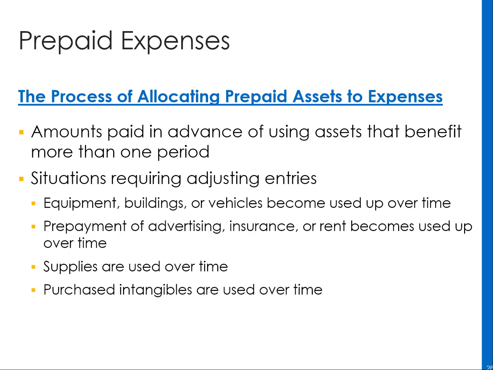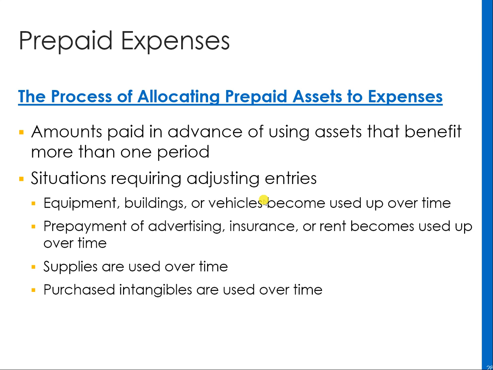Prepaid expense. If we prepaid something, that is our asset because it's going to provide us with future benefit. Situations that require adjusting prepaid expense: equipment, buildings, or vehicles, which we paid for, but we're going to recognize expenses later when we use that equipment or those buildings.